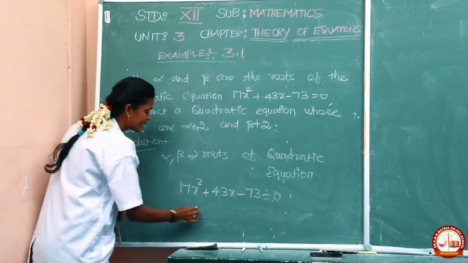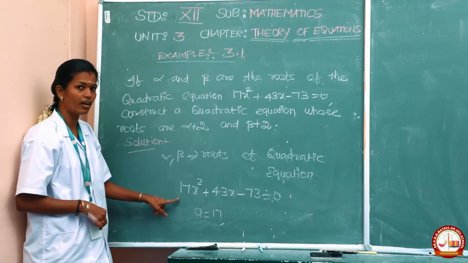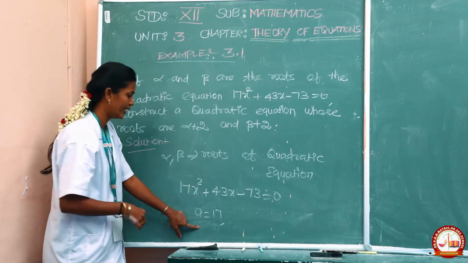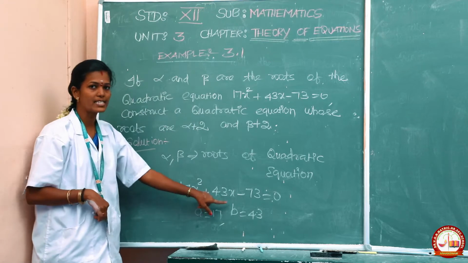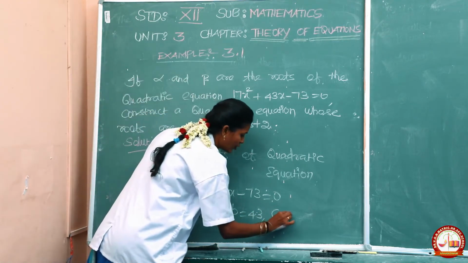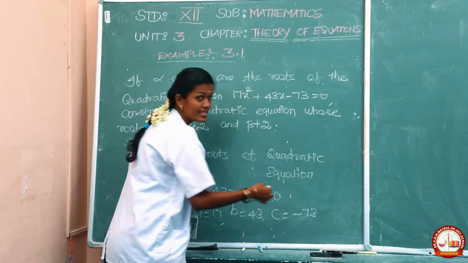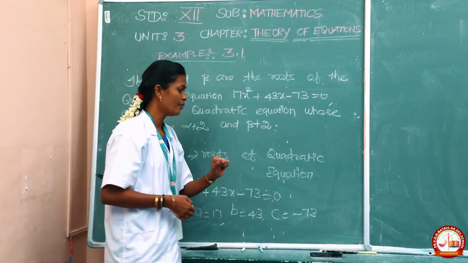Here a is equal to 17. The x^2 coefficient is called a, so a = 17. The x coefficient is called b, so b = 43. What is the constant term given there? Minus 73. So c = -73.